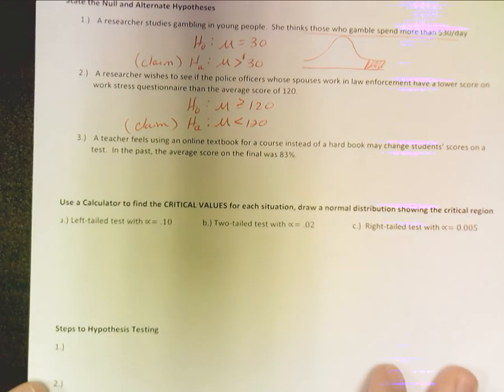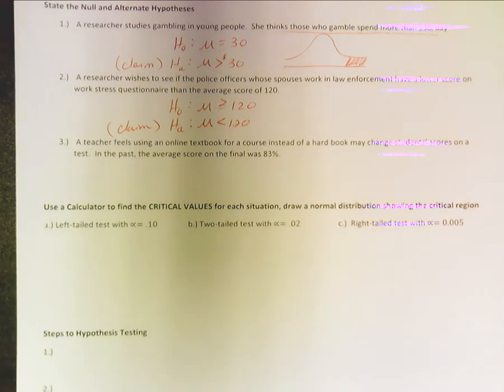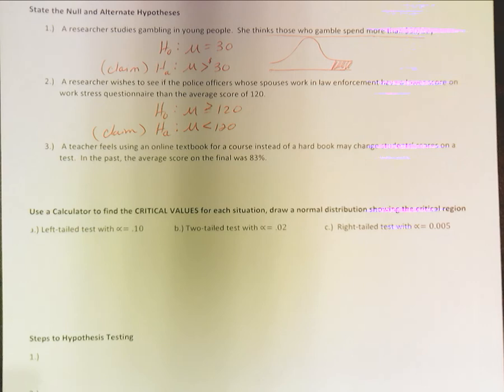All right, number 3. A teacher feels using an online textbook for a course instead of a hard book may change the student's score on a test. In the past, the average score on the final was 83%. What is she claiming then? If they change the student's score on a test, change it what? Is it lower? Well, that's a change. Is it greater than 83? Well, that's a change. So how do I write this?